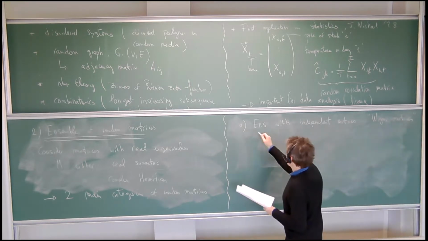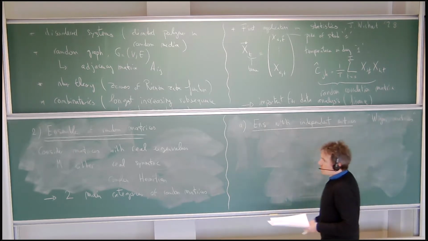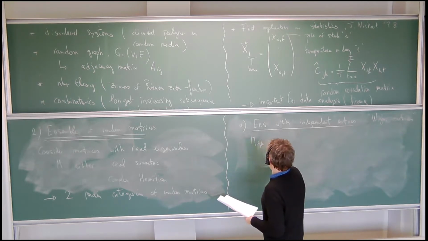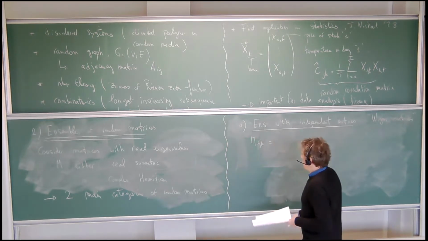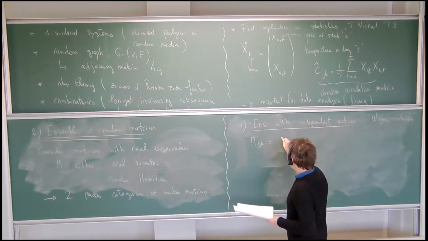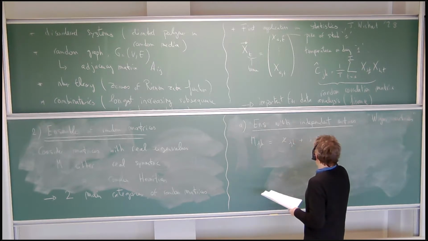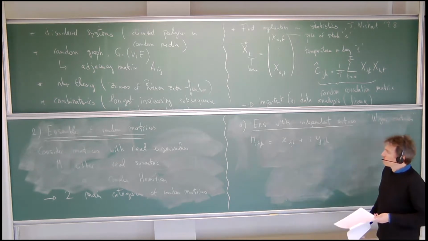So let's be a little bit more precise. In principle, since I want to cover both cases here at the moment, I may have both a real part and an imaginary part, and these, of course, are real.